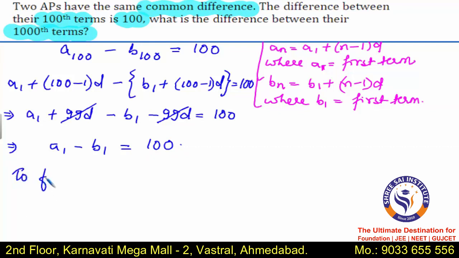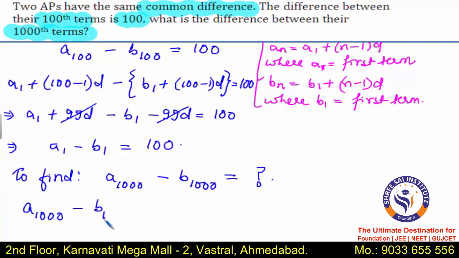We have to find the difference between their 1000th term, that is, 1000th term of the first AP minus the 1000th term of the second AP we have to find out. Now, let us find the value of the left hand side. That is, 1000th term of the first AP minus the 1000th term of the second AP.